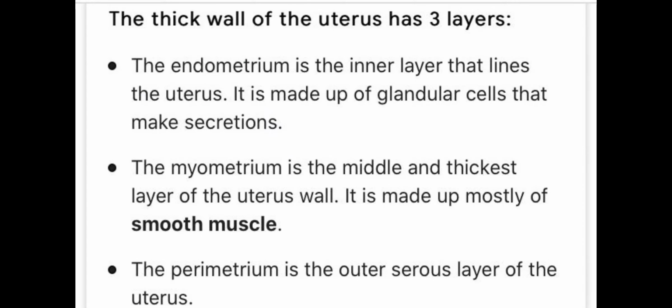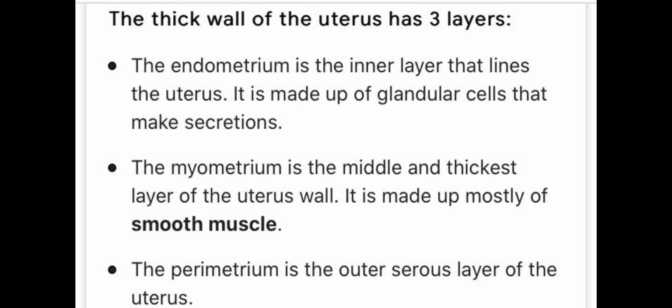Now the next part is the uterus. It is also known as womb. It is an inverted pear-like structure and it basically supports implantation and gestation. The wall of the uterus has 3 layers: perimetrium, myometrium and endometrium.